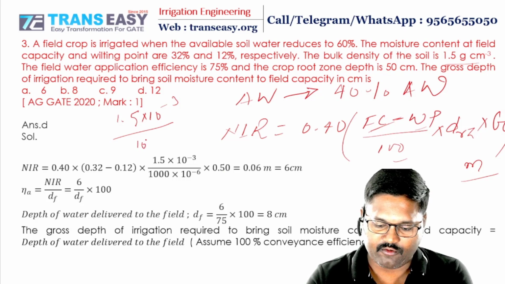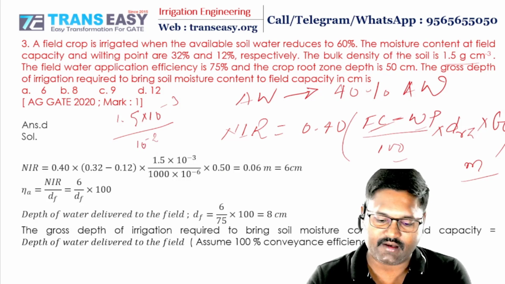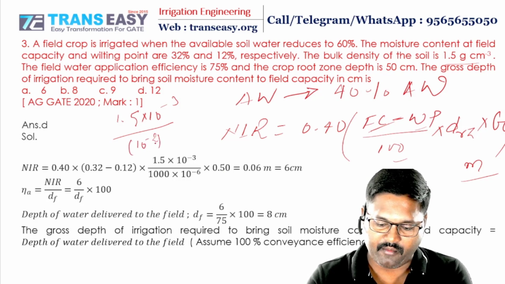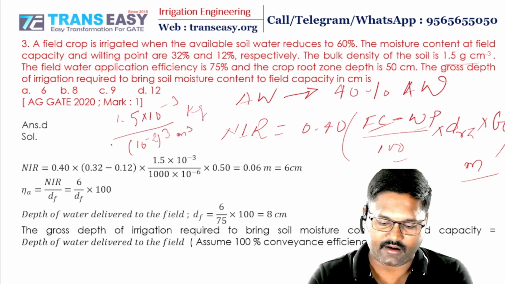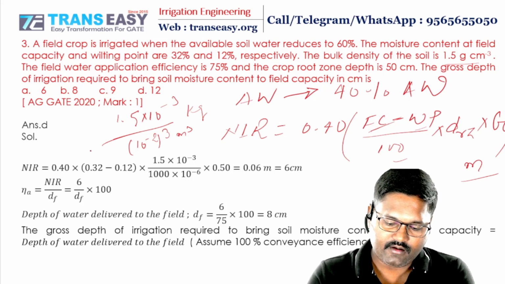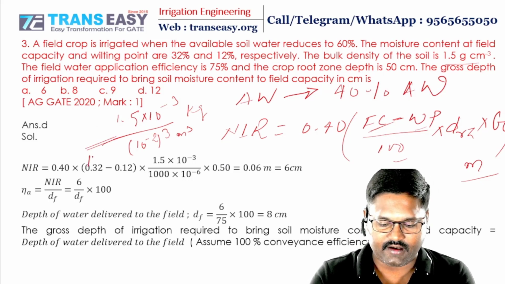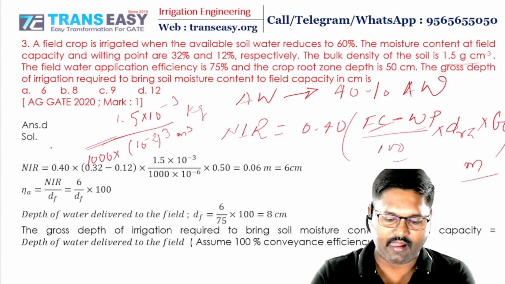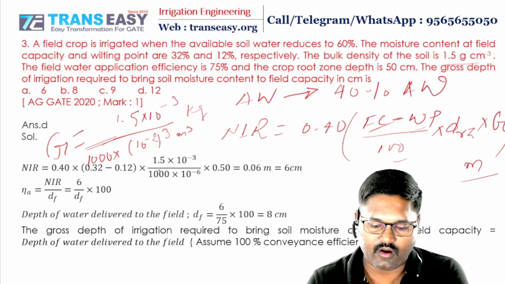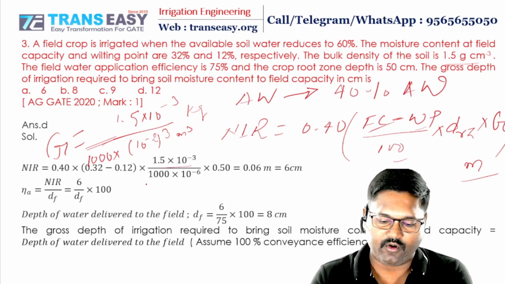1 centimeter is 10 raised to the power minus 2 meter. So (10 raised to the power minus 2) cubed meter cube, kg per meter cube. Divide this bulk density by density of the water to get apparent specific gravity. So this is your G. G will be calculated like this: 1.5 times 10 raised to minus 3 upon 1000 times 10 raised to minus 6.